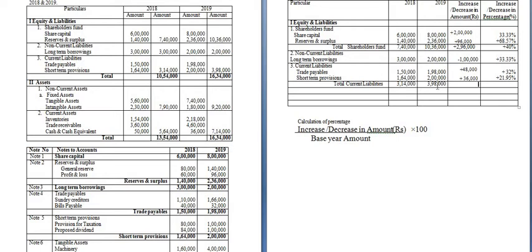Now find out the difference, whether the amount is an increase or decrease. Obviously it is an increase, so plus sign. 3,14,000 minus 3,98,000 is equal to 84,000.